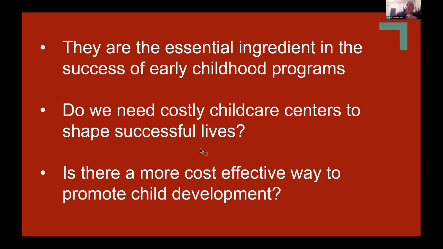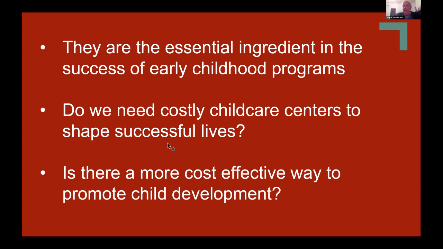So the question is, is there a more cost-effective way to promote child development? I skipped over one slide quickly, but Perry costs $23,000 a year, US dollars 2008. And ABC was close to $100,000.